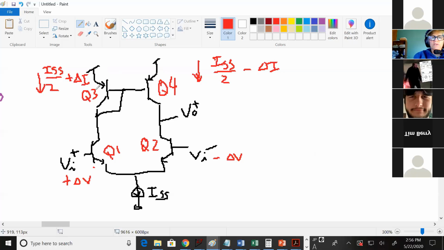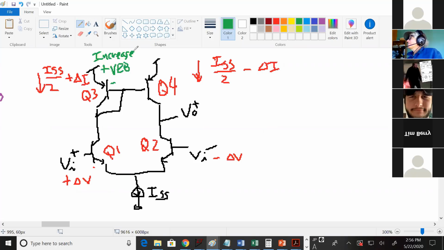So any extra current is now going through Q3. And Q3 says, okay, I have more current through me, I have to accommodate that current. What's going to happen to VBE or VEB? It'll increase. So this voltage right here is actually VEB. It's going to increase because you just turned up the current through that side.